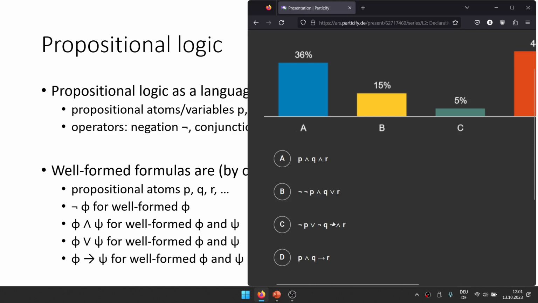And the reason why we're interested in well-formed and not well-formed is, do we have something like that in programming languages? Well-formed and not well-formed? Yes, it's the syntax error. The compiler or interpreter will tell you you have a syntax error here, and that's exactly this well-formed or not well-formed. If it's well-formed, then it compiles.